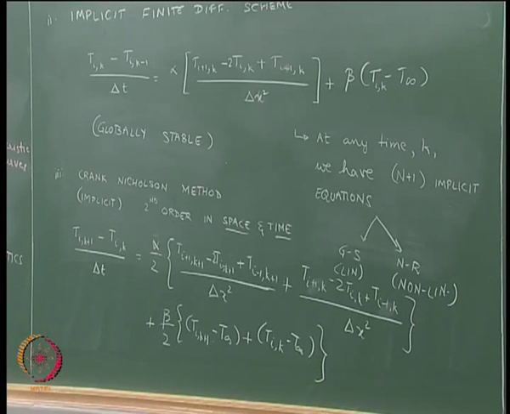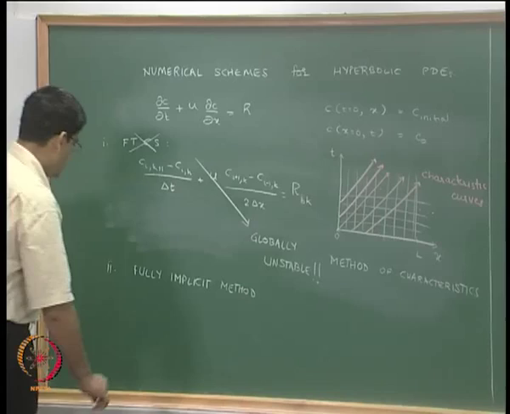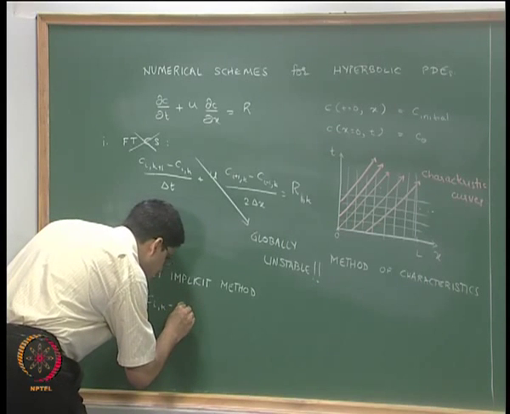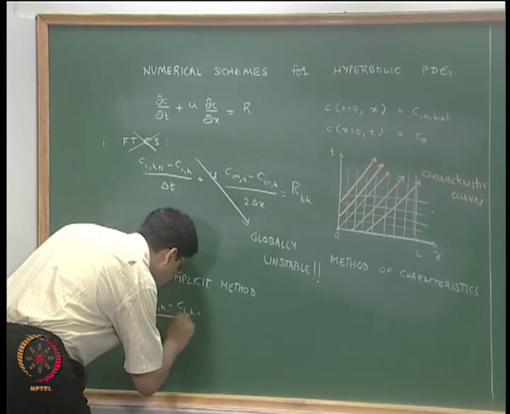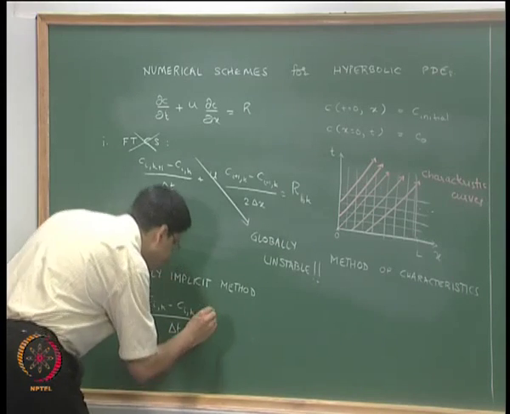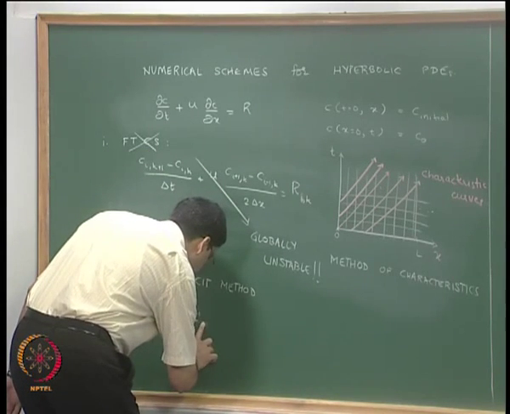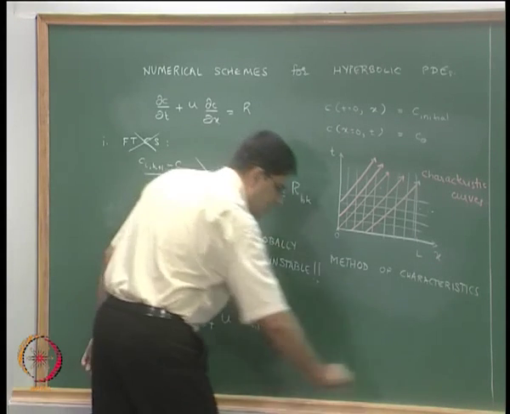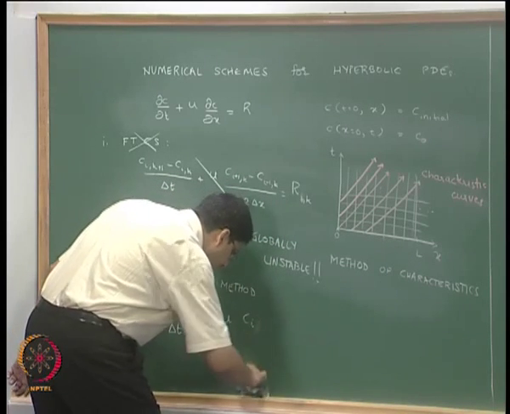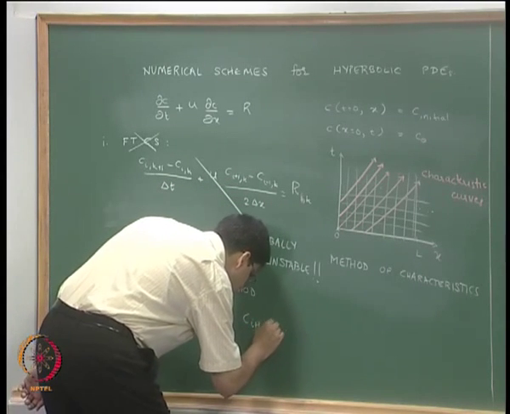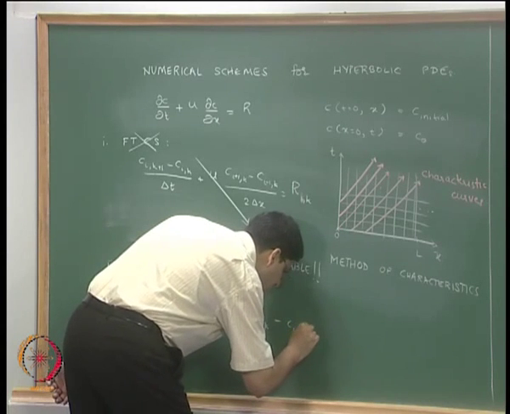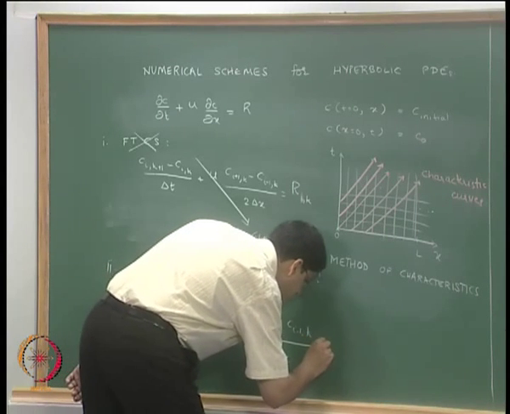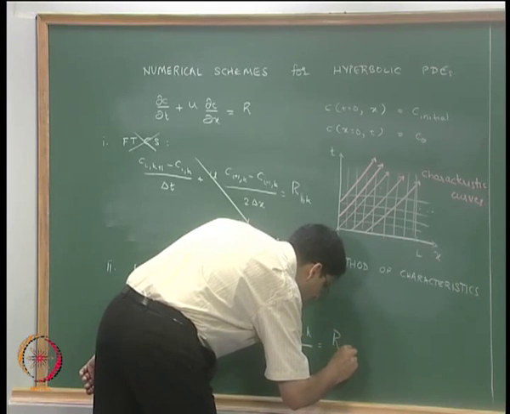So the fully implicit method for hyperbolic PDE is going to be (Ci,k minus Ci,k-1) divided by delta t plus u multiplied by (Ci+1,k minus Ci-1,k) divided by 2 delta x equal to r computed at i,k.